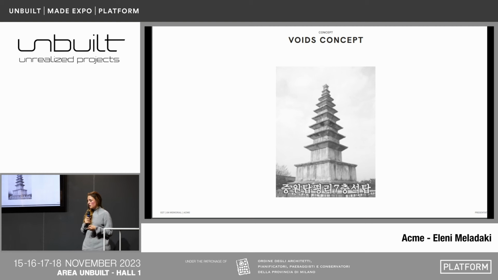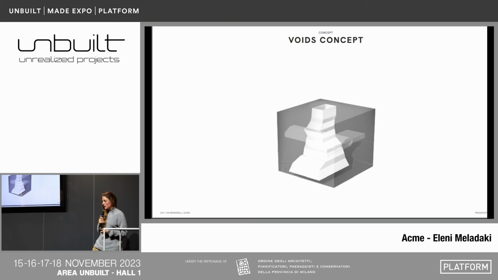At the same time, we tried to root the design in the actual place. We got inspired by Korea, and in particular the sixth national treasure, which is this pagoda that you see here. Internally, we created a reference to the place by reverting it into a very big void that connects the spaces vertically and gives the idea of being able to look up into the sky.